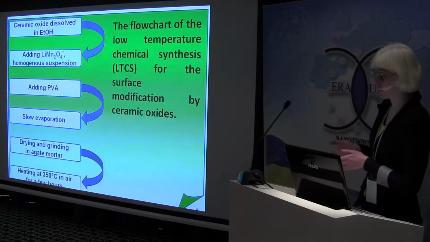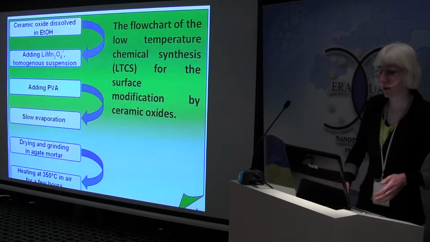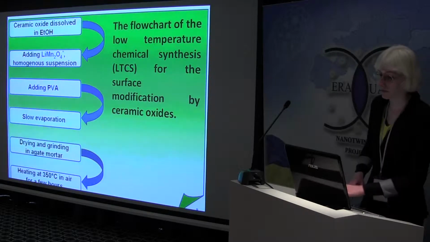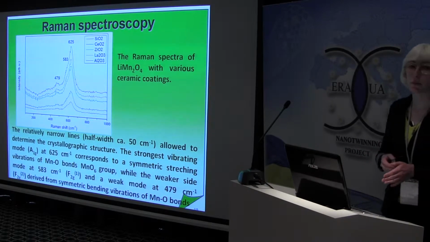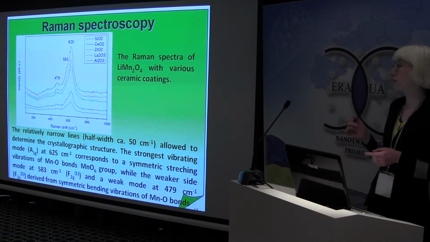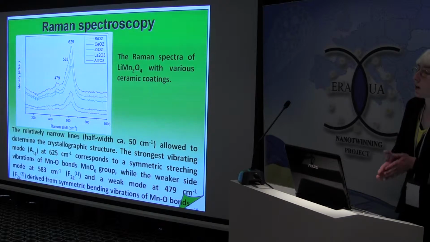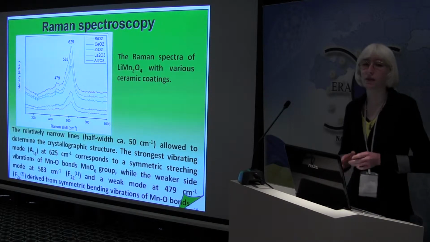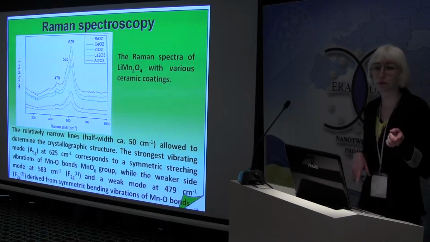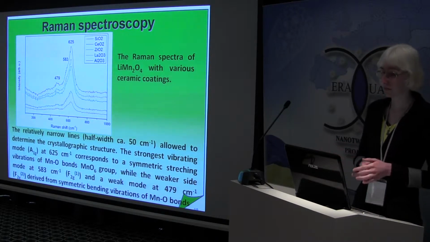The last step is heating at 350 degrees in air for a few hours. We did X-ray powder diffraction for all the lithium manganese oxide samples surface modified with 1% oxide, but we didn't observe the ceramic oxides because the amount was too small.